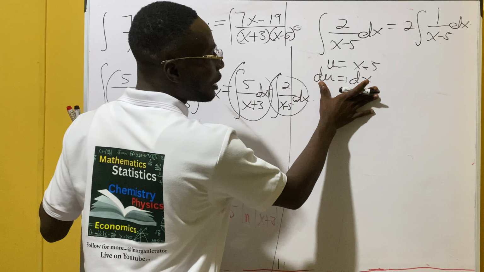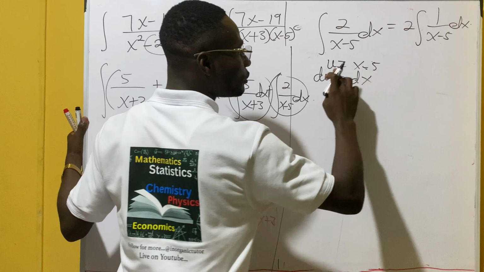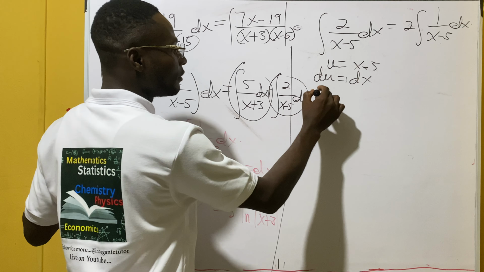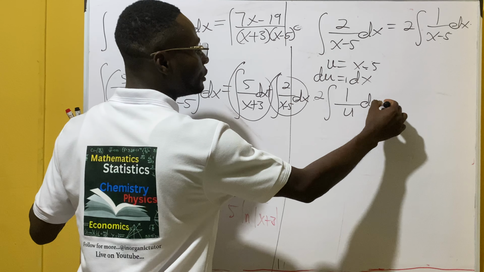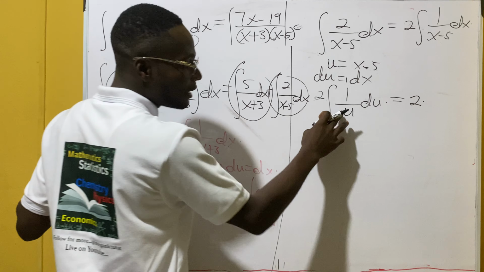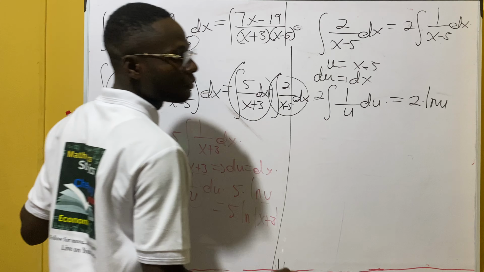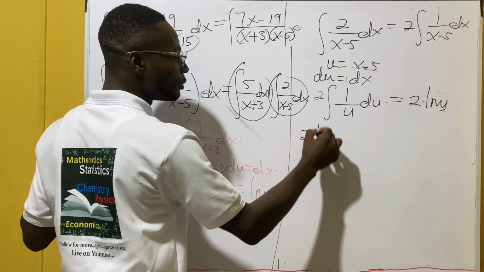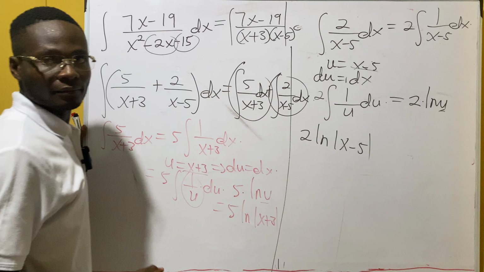So wherever we see x minus 5, we put u there, and wherever we see the dx, we put du. So we have 2 integral of 1 on u du, and 2 times integral of 1 on u is 2 ln u. So do back substitution, and we say 2 ln of x minus 5 right here.